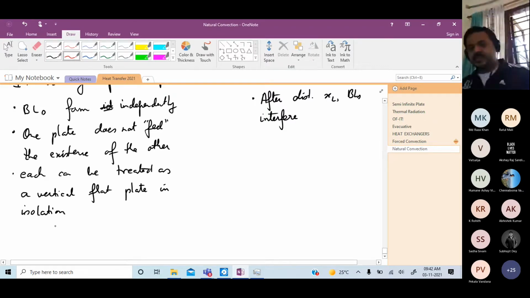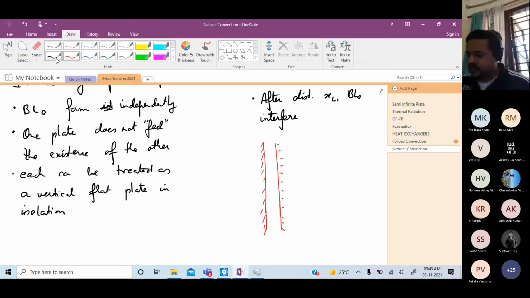And case 3, let me draw it here because I don't have space. It is very close. Then what happens?